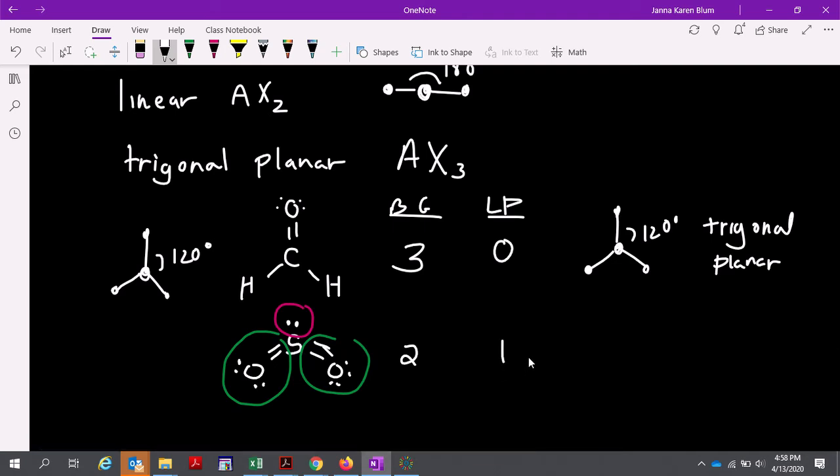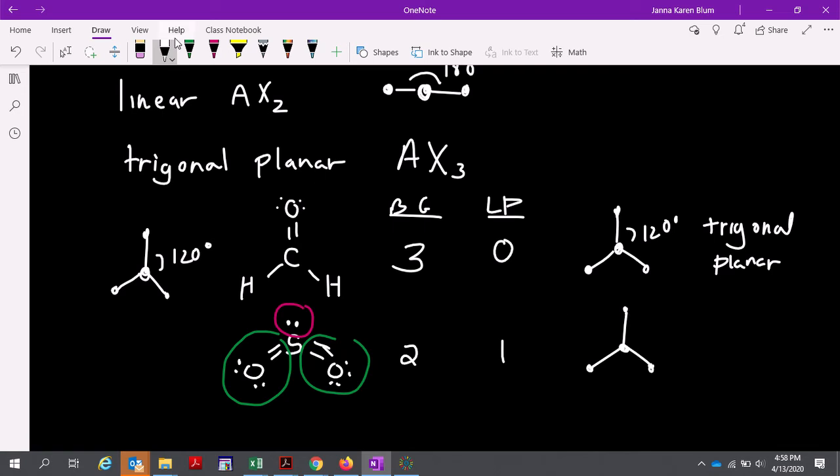And so the best way to look at this, and how I like to look at this, is I can take my mouse here. Let's see if I can create something a little better. So I can almost literally erase this. So I'm going to draw, in general, my basic electronic geometry here, which is trigonal planar still. That's my basic electronic geometry.